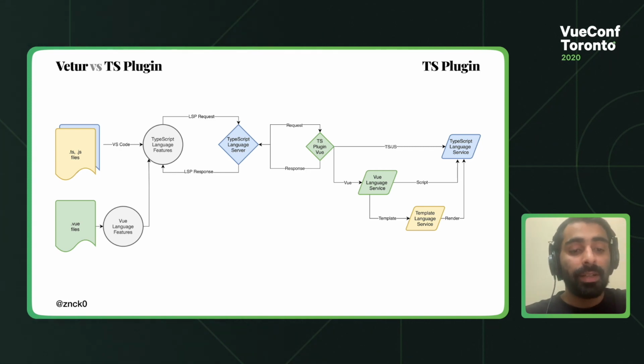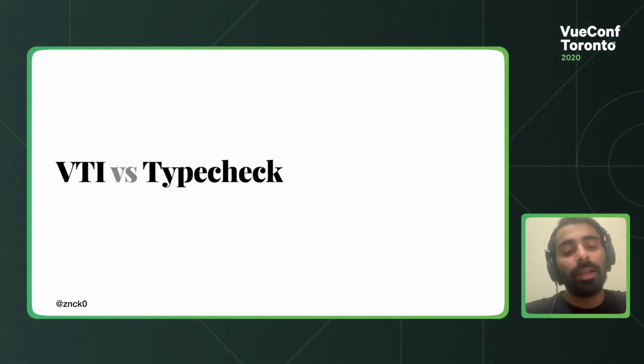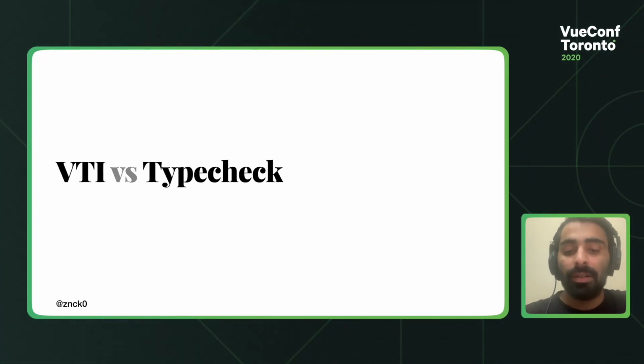Another part of the puzzle is actually running these type checks inside CI/CD pipelines, and both Vetur and the TS plugin have tools for that. VTI stands for Vetur Terminal Interface, and is built upon the Vue language server.